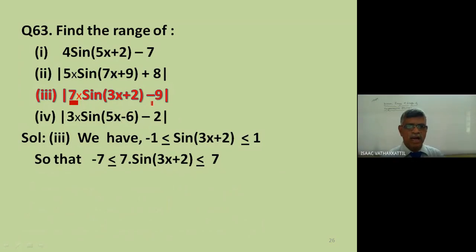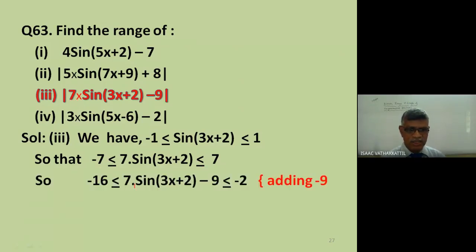What will I do? Add minus 9 now. When I add minus 9 throughout, the inequality remains as it is. So it will be minus 16 less than or equal to 7 sine 3x plus 2 minus 9 less than or equal to 7 minus 9, that is minus 2.